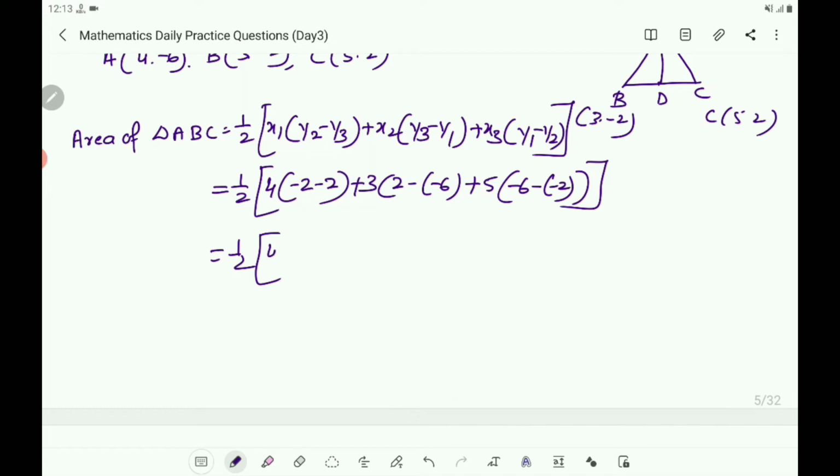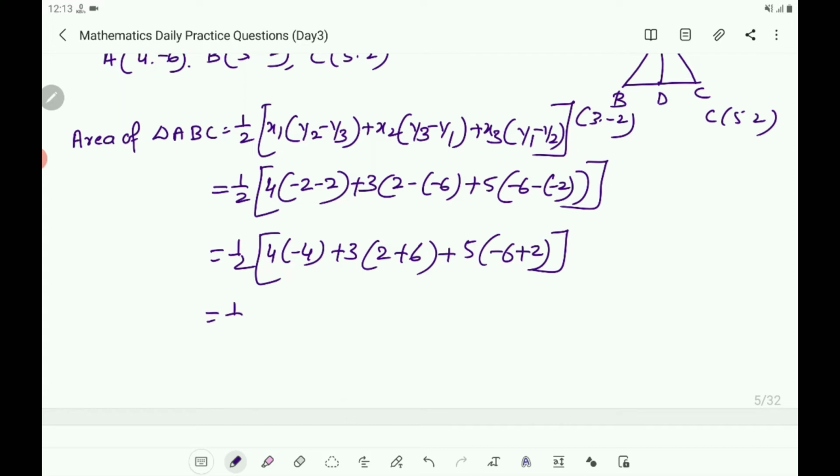Then you write half into 4, and the sum of minus 2 and minus 2 is minus 4, plus 3 you write, 2 you write as it is, and minus of minus 6 is plus 6. Right? Minus of minus 6 is plus 6, plus 5 into minus 6 you write minus 6, and minus of minus is plus 2.